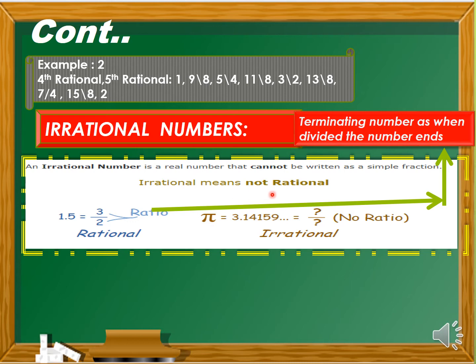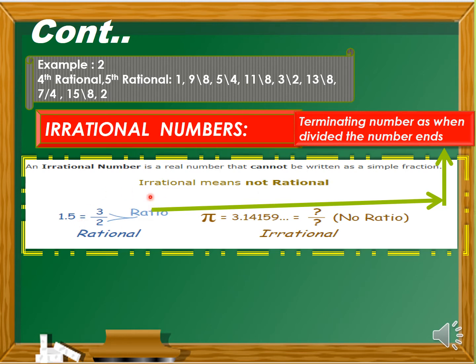Irrational means not rational. Why have they called it irrational? Because rational numbers contain everything, that is natural numbers, whole numbers, integers, as natural numbers, whole numbers and integers can be seen in the numerator as well as the denominator, right? That is why irrational means not rational.